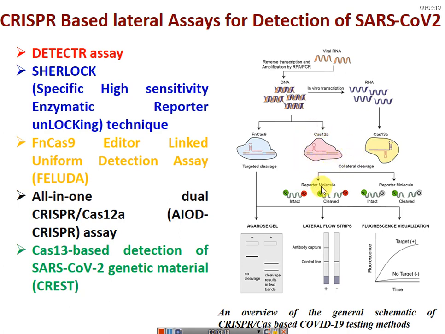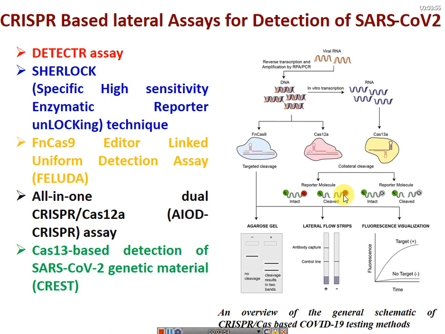Cas12 reporters are the ones having fluorescently labeled tags and biotin tags on these molecules, and they start cleaving these reporter molecules non-specifically. So this specific interaction of the Cas nucleoprotein with the target activates them such that they start a non-specific collateral cleavage activity, and what do they do? They start cleaving the reporter molecule.